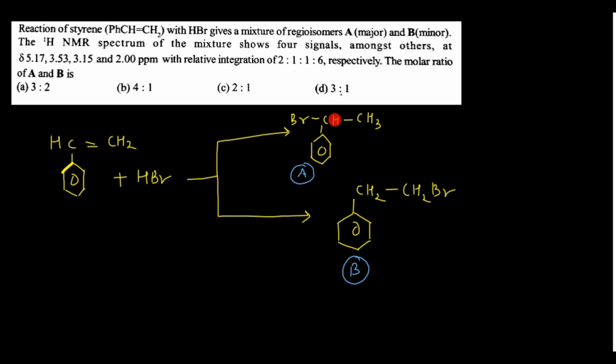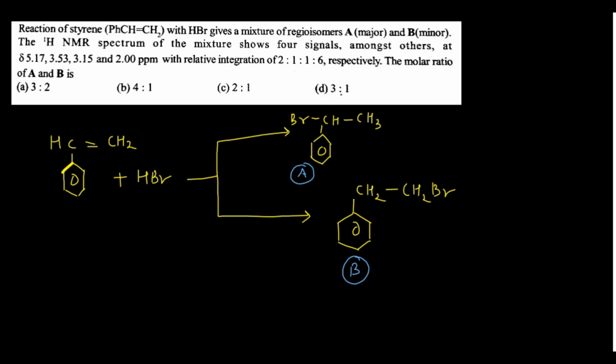This one hydrogen is in the environment of the bromine, and bromine is electronegative compared to hydrogen or carbon. This electronegative bromine causes de-shielding, and de-shielding causes a downfield shift, meaning a higher ppm value. So this hydrogen will appear at the highest ppm value, which is 5.17.